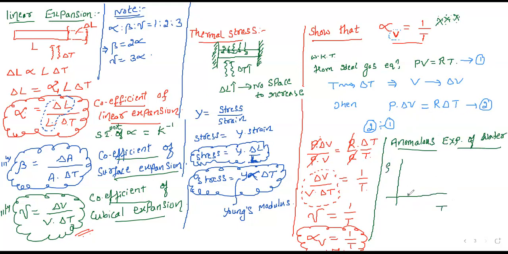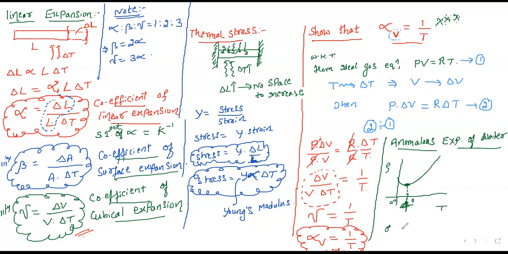You know that at 4 degrees Celsius, the density will be maximum. If I go on increasing the temperature, the density should decrease. But you can notice that from 0 to 4 degrees Celsius, instead of decreasing, the density actually increases, it reaches a maximum, and thereafter it starts decreasing.